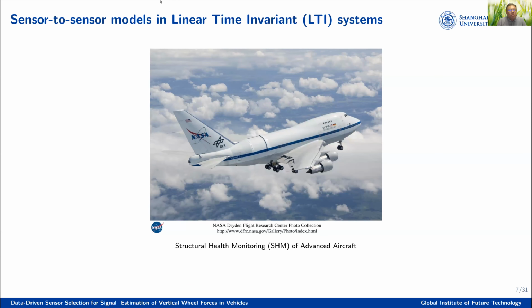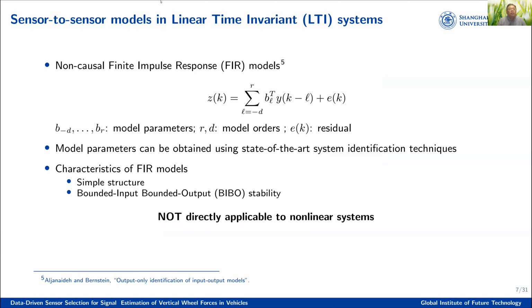The sensor-to-sensor model in LTI systems actually has been used originally for the structural health monitoring of advanced aircraft. It was proposed by NASA previously, and now we use it not in airplanes, but instead in vehicles. However, we know that for vehicles, a typical problem is that vehicles are not linear.